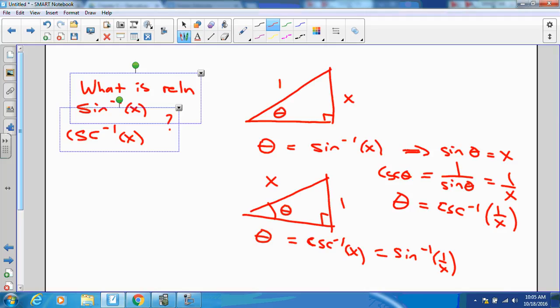So there's an algebraic way to get there, there's a geometric way to get there, and what we find in particular is that these relationships are true.